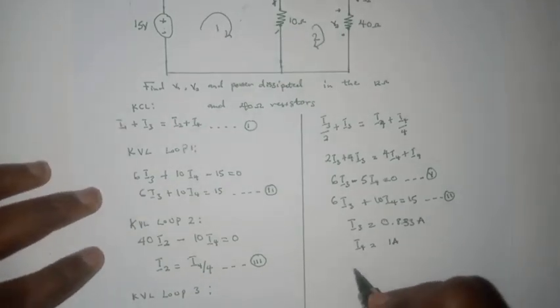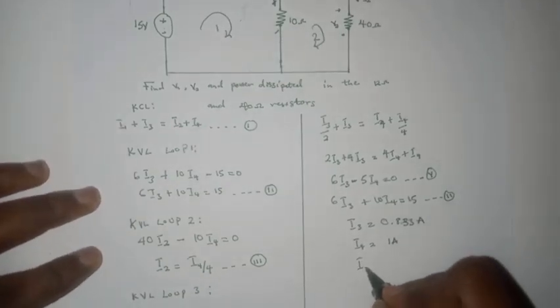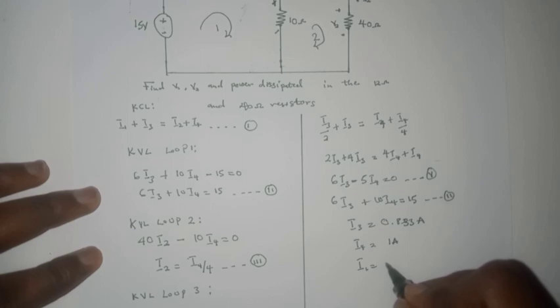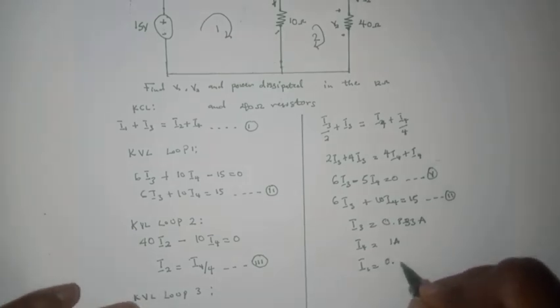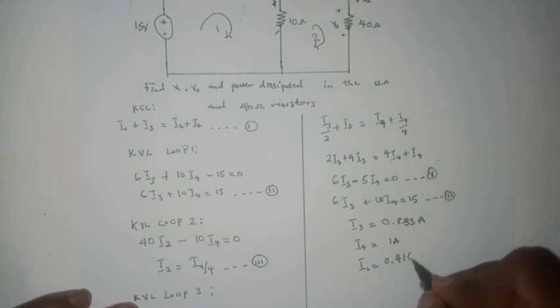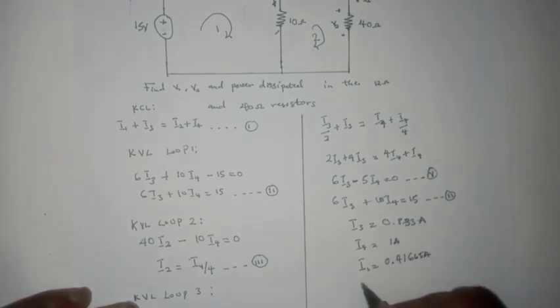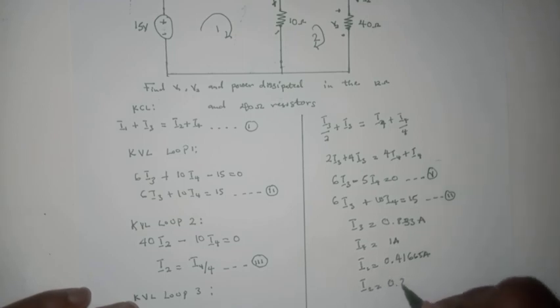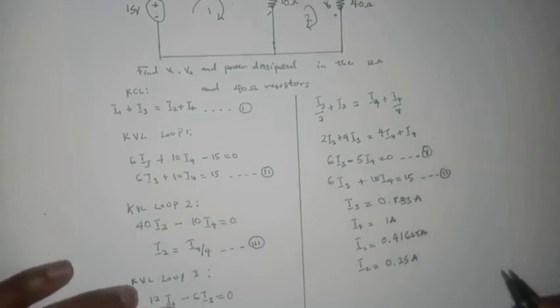By this, we arrive at I1 to be equal to 0.41665 amperes and I2 equal to 0.25 amperes.